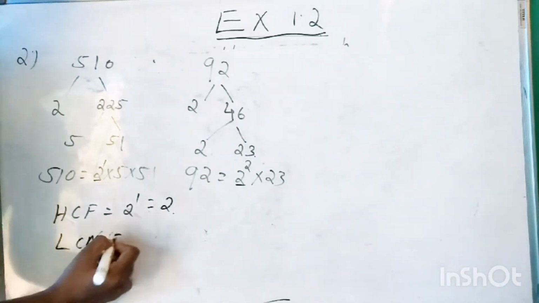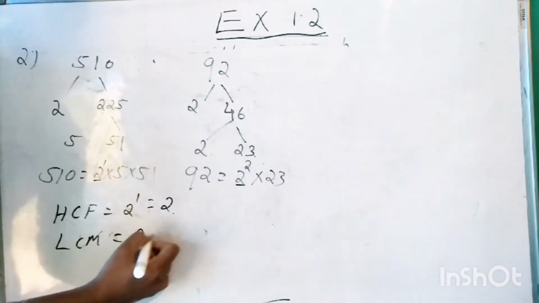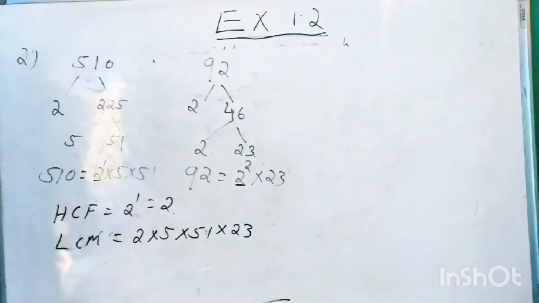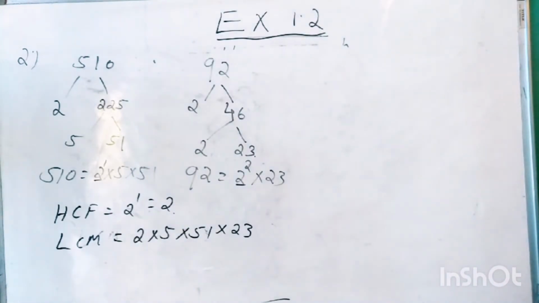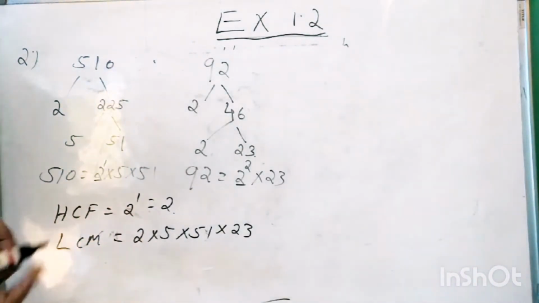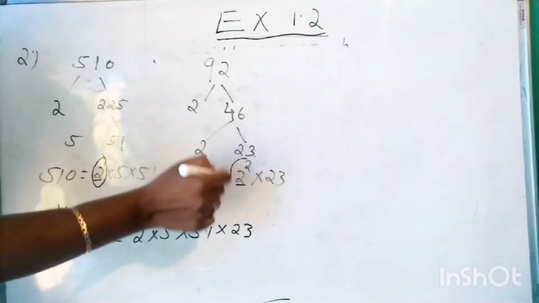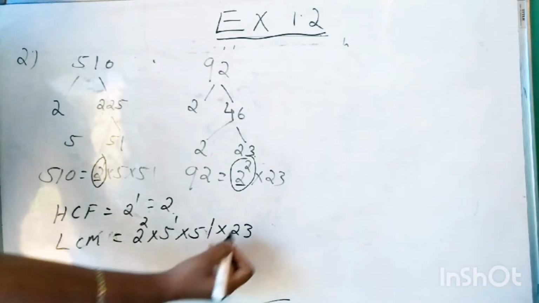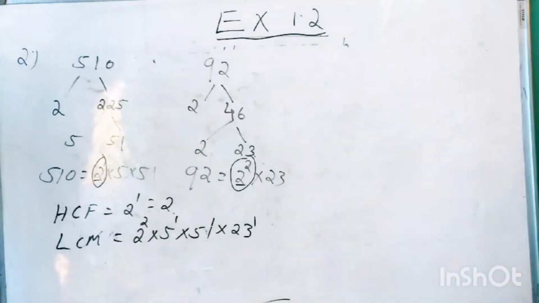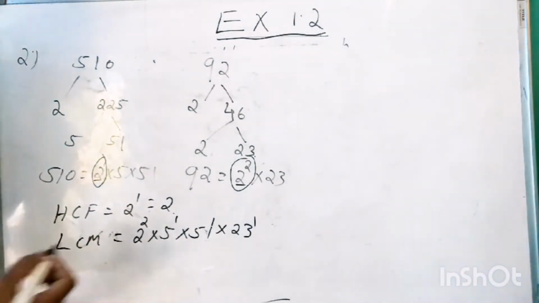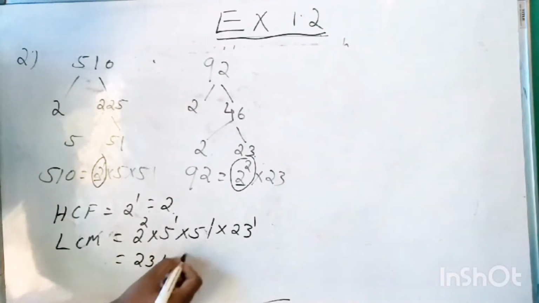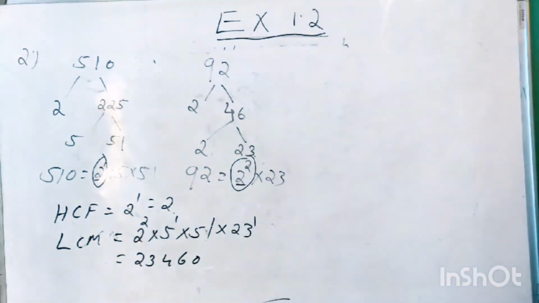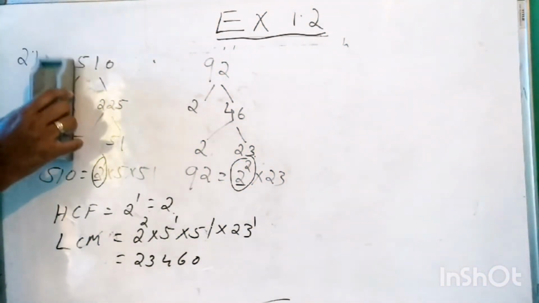Now LCM: list all the prime factors present in the factorizations of these two numbers, that is 2, 5, 51 and 23. Now write the greatest power: 2 square, 5 raised to 1, 51 raised to 1, 23 raised to 1. And we get 23460. Now we need to verify the result.